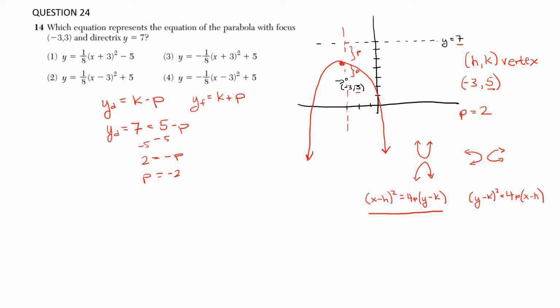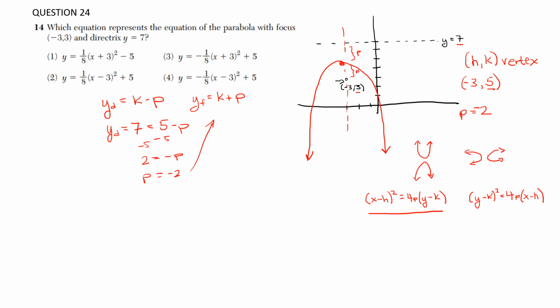And doing it here with the y value of the focus, we also arrive at this conclusion. So p actually is negative 2 rather than positive 2. However, you can do this later when we're looking through the answer choices to see which direction this parabola faces, and put the negatives as you see fit.